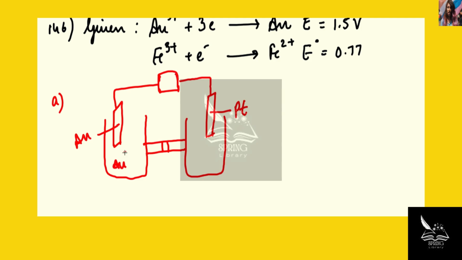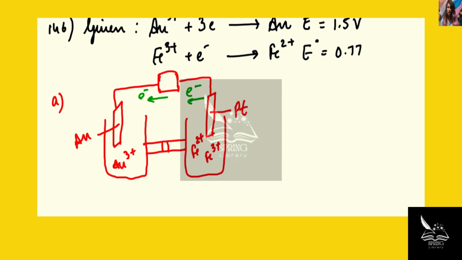In this case I have gold ions, and in iron I have ferrous and ferric ions, right? So in this case the electron will always travel in this direction, from iron to gold.